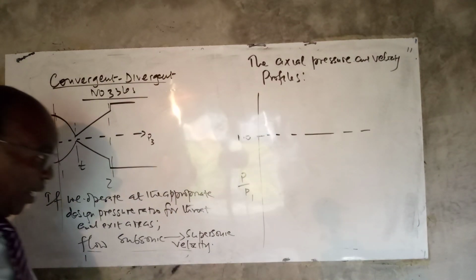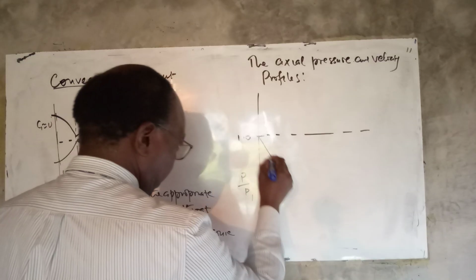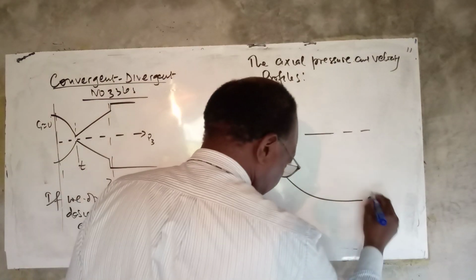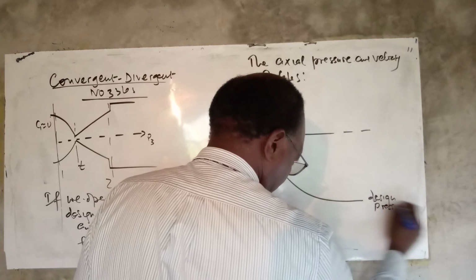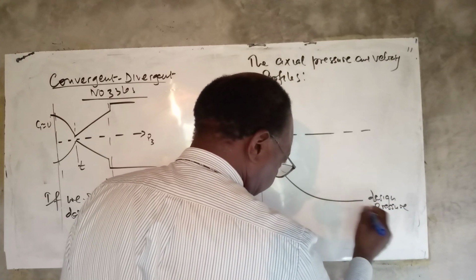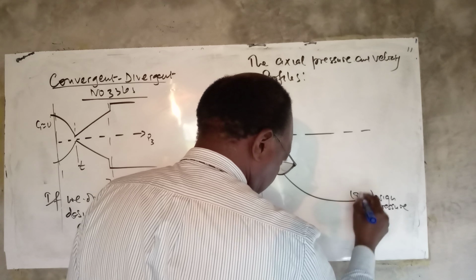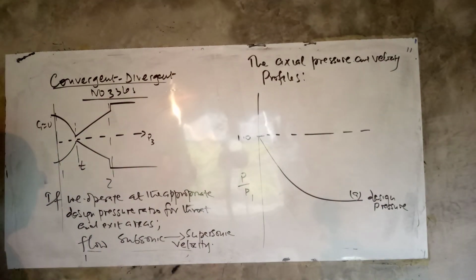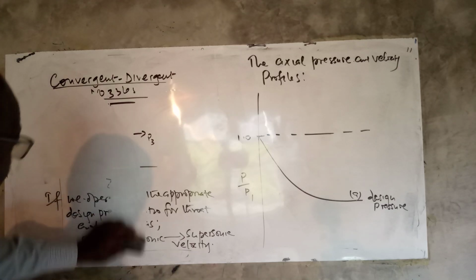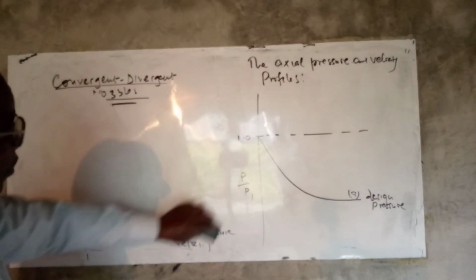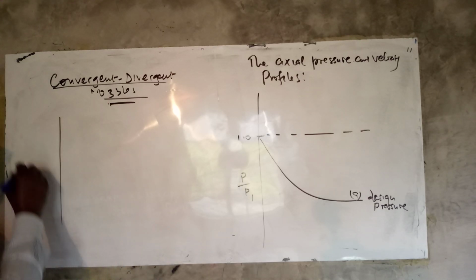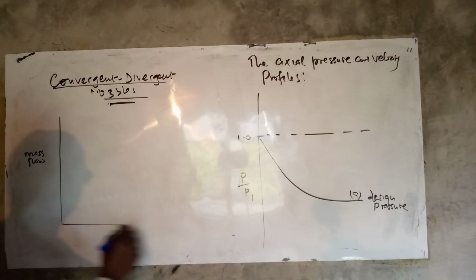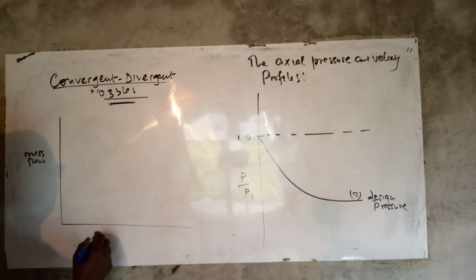For our axial pressure, for the design, let's call that curve A. And of course, for the velocity, we'll have our mass flow and distance along the axis.